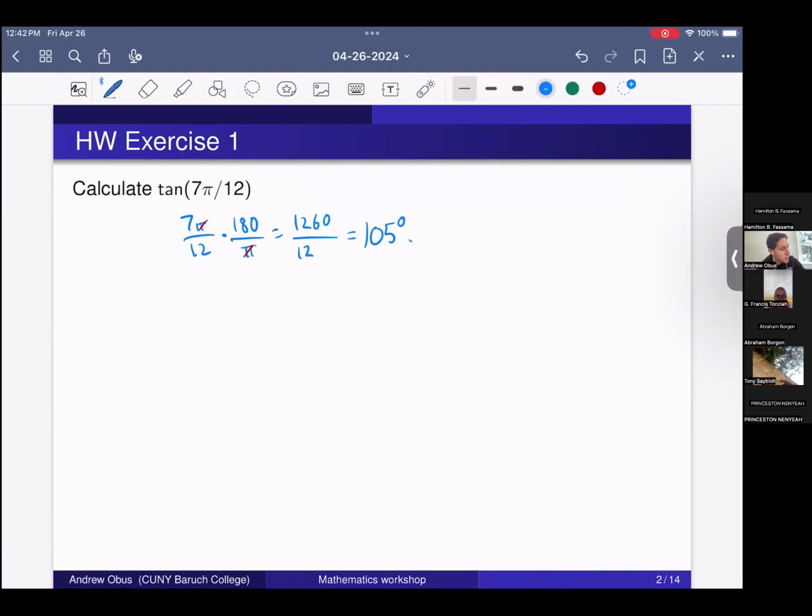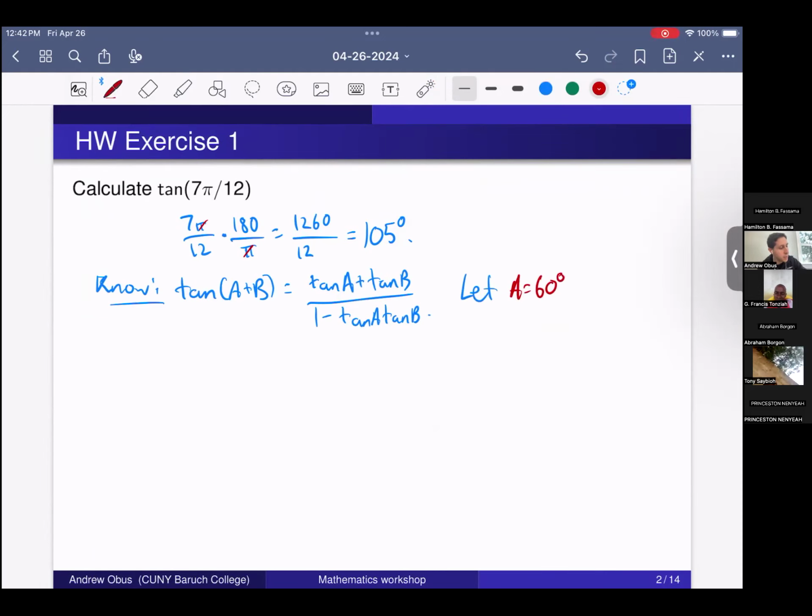So we know that tangent of A plus B equals tangent of A plus tangent of B divided by 1 minus tangent of A tangent of B. Okay, and so if we let A equals 60 degrees and B equals 45 degrees, then we have tangent of 105 degrees is tangent of 60 degrees plus 45 degrees.